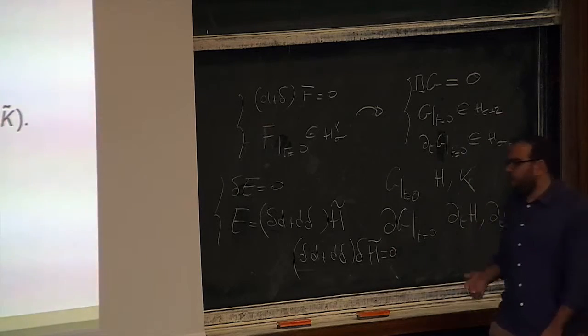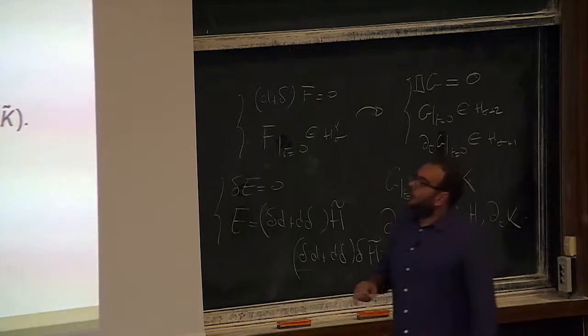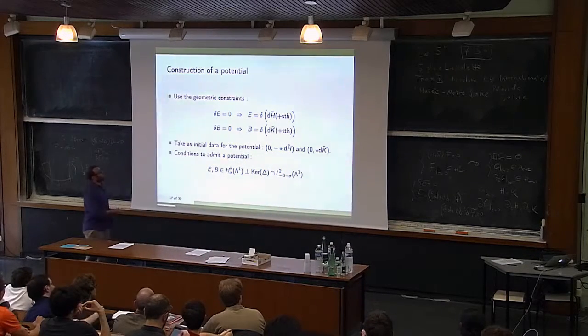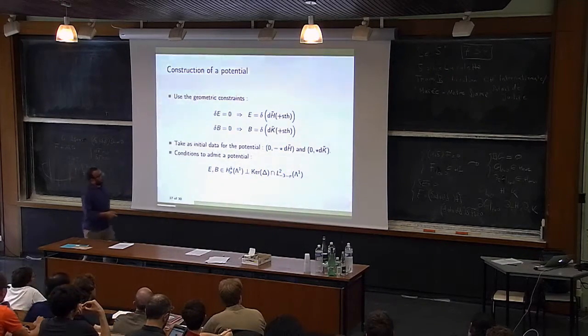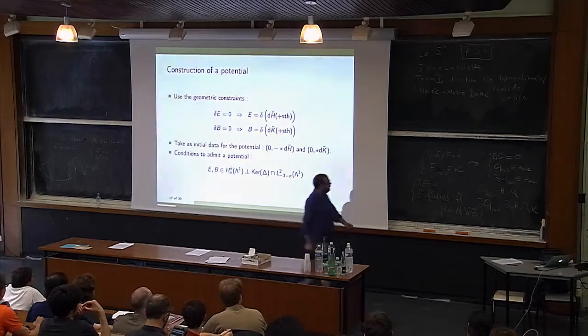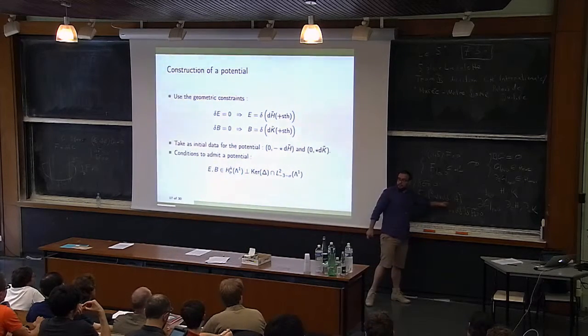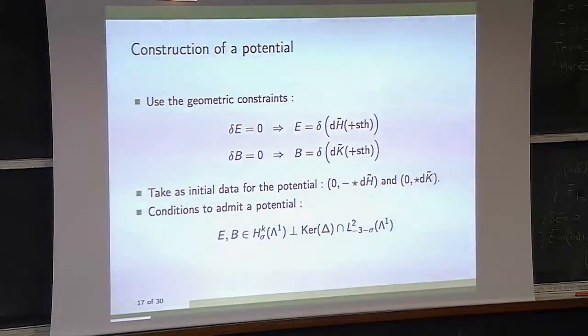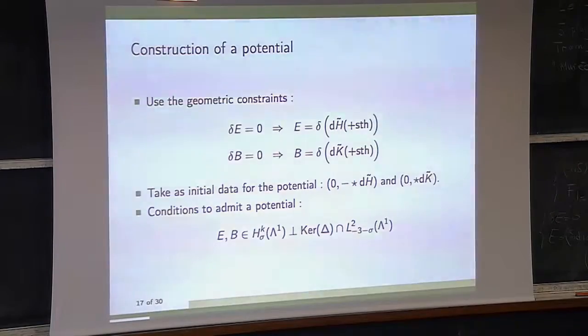Now, if the decay is appropriate, then this implies that E is in the image of delta. This implies that I can kill off this part here. And if I can kill off this part here, actually E is in the image of delta. Well, eventually plus something if the rate is not appropriate, but we don't care about the something.